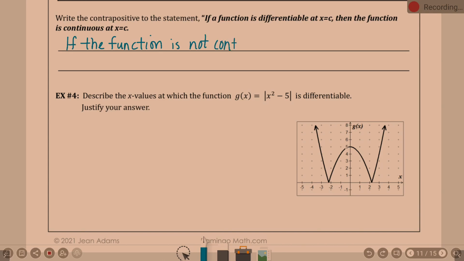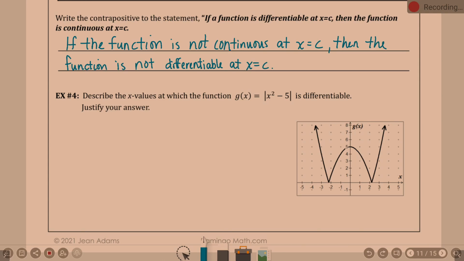It's the same question. If the function is not continuous at x equals c, then the function is not differentiable at x equals c.